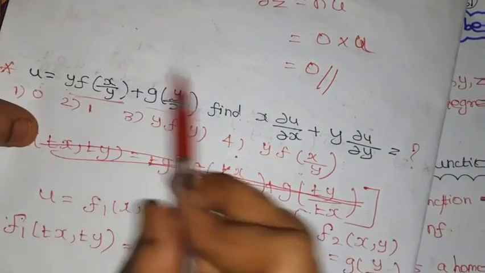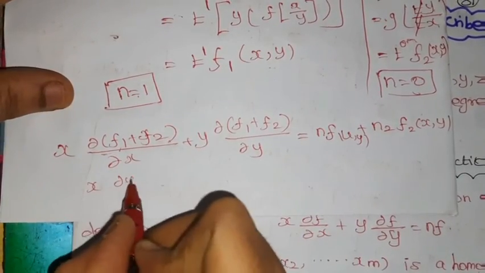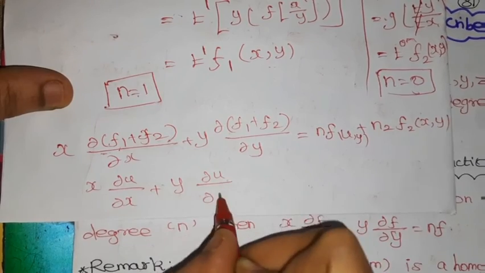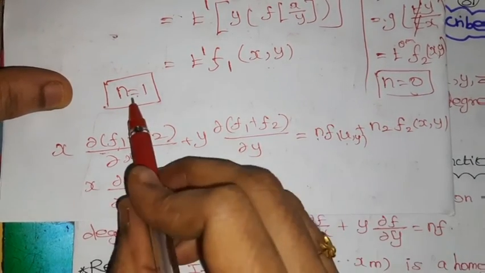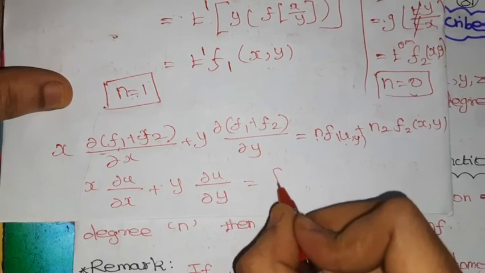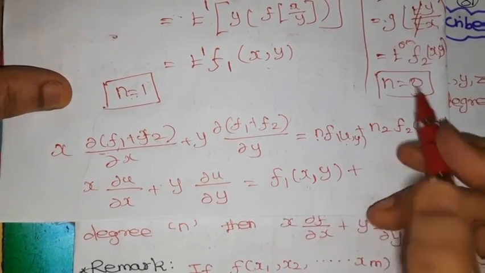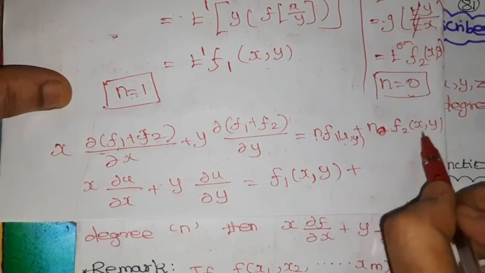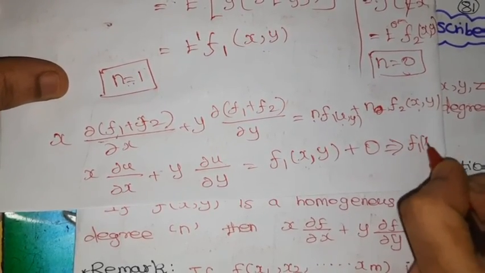So x ∂u/∂x plus y ∂u/∂y equals n into function 1. n is nothing but 1. 1 into function 1, we are getting function 1 of x, y. Then n into function 2, so 0 into this, we will get 0. So we are getting function 1 alone.